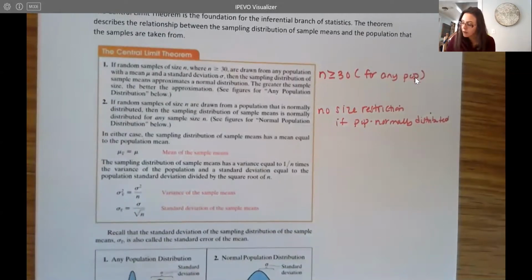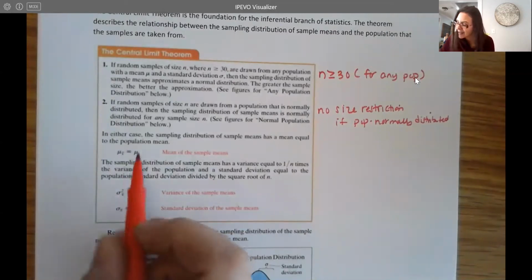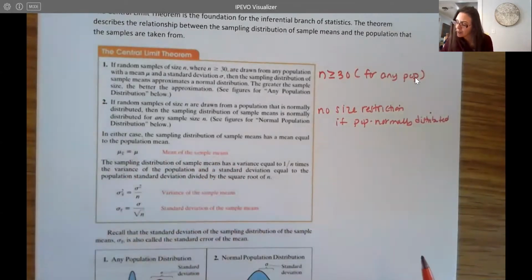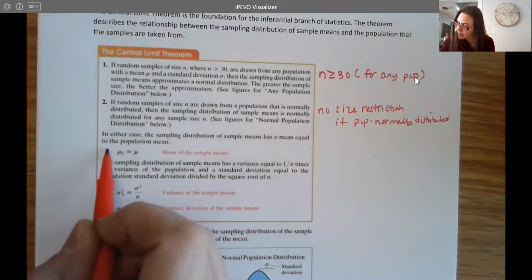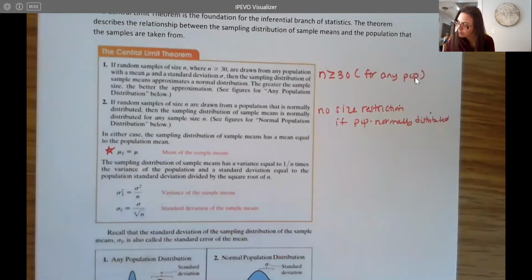So what's the point there? The point is that we can use these shortcut formulas, the ones that we just did. In either case, the sampling distribution of the sample means has a mean equal to the population mean, a variance equal to 1/n times the variance of the population, and a standard deviation equal to the population standard deviation divided by the square root of n.